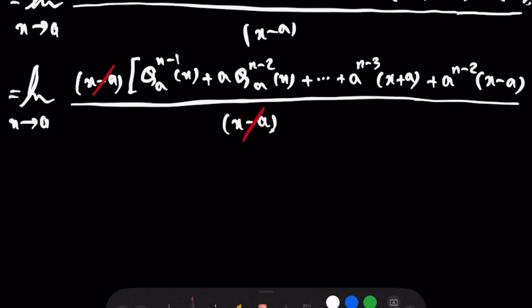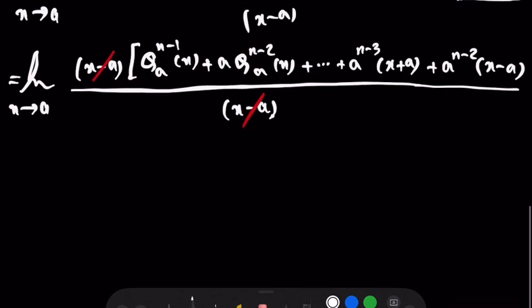This limit is just, we need to simply plug in x equal a into the numerator.